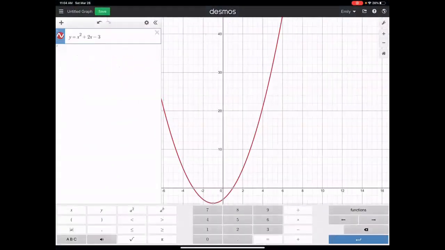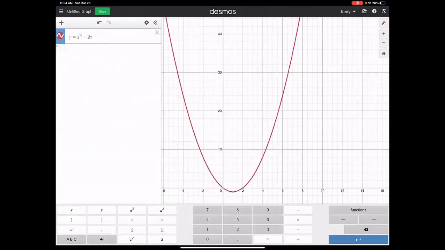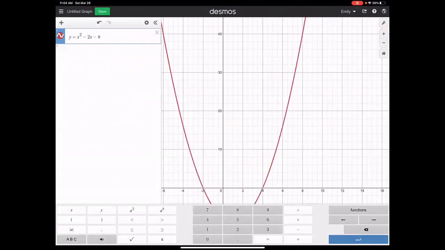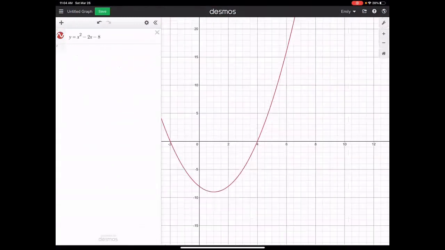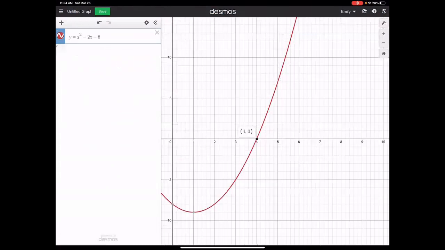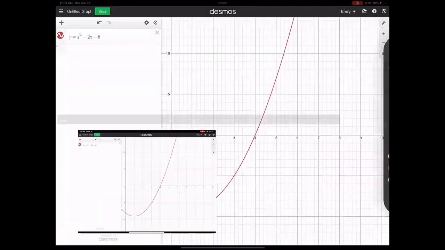All right, number 4, though, I think we're going to have to do some breaking up here. So x squared minus 2x minus 8. And we're looking at the interval 2 to 5. So you can see that at 4 this actually crosses the x-axis.